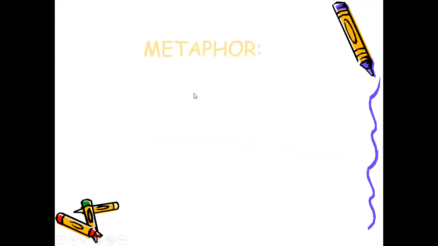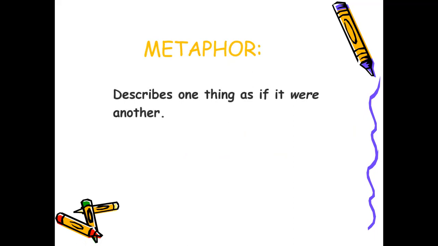Okay? Now the metaphor. Oh, metaphor. Let's wait a minute. We studied that before. Do you remember? It's describing one thing as if it were another. Like when I say, he is a lion. He is a lion.